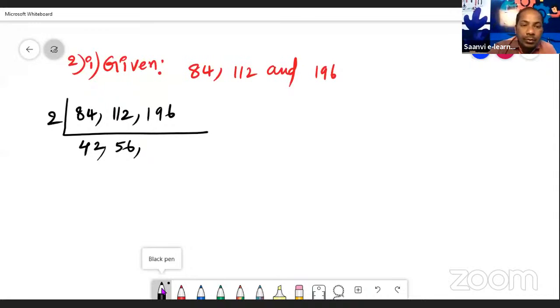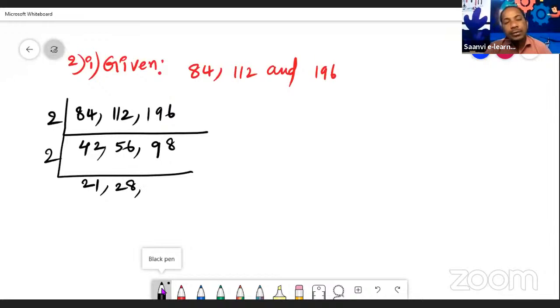Two table. 2 9s are 18. One more will be 2 8s are 16. Again, two table possible here. 2 2s are 4, 2 1s are 2. Here 2 2s are 4, 2 8s are 16. And here 2 4s are 8, 2 9s are 18.